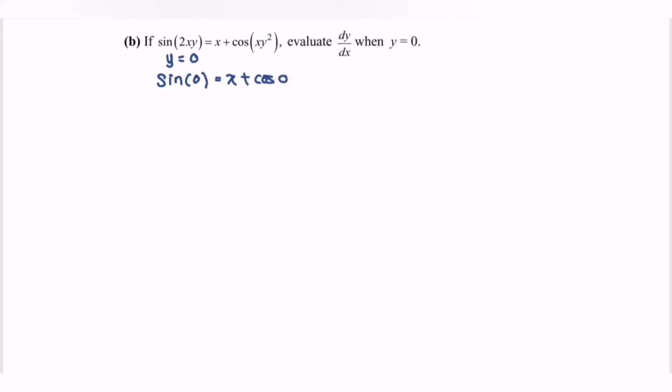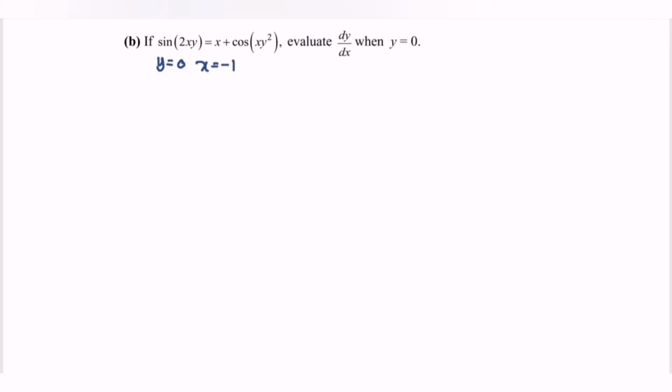As we all know, sine 0 is 0, and cos 0 is equals to 1. So x will be equals to negative 1. Meaning that when y is equals to 0, x will be equals to negative 1.